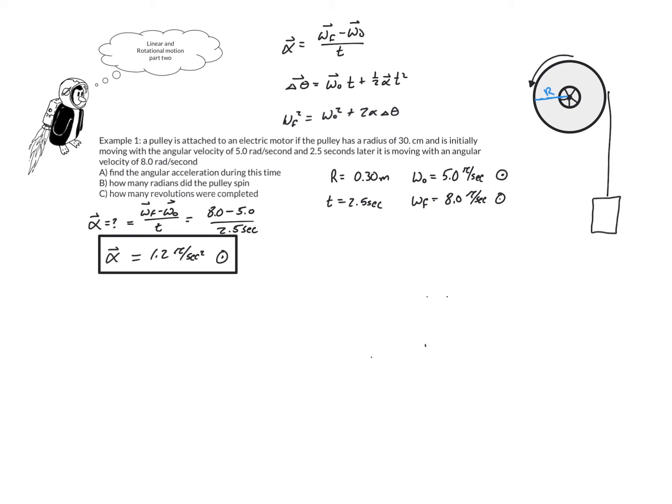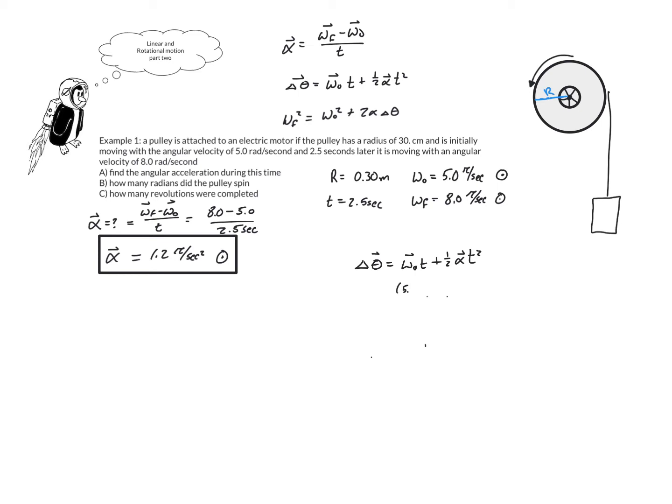Part B is asking us to find the angle that it spun through during this time. That means we're looking for delta theta. So I'm going to use the second equation. Since we know all the variables in this, we can just go ahead and plug them in and find out.